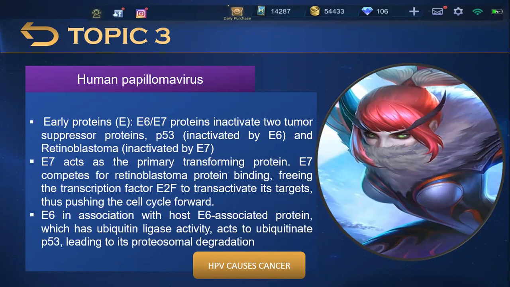E7 competes for retinoblastoma protein binding, freeing the transcription factor E2F to activate its targets, thus pushing the cell cycle forward. E6, in association with the host E6-associated protein, which has ubiquitin ligase activity, acts to ubiquitinate p53, leading to its proteasomal degradation.